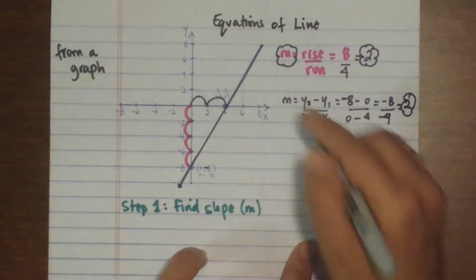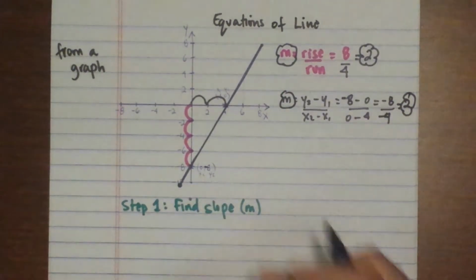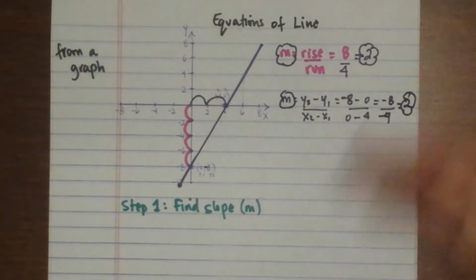So you see how your slope is still 2? That's because you can still do it from 2 points. However, rise over run is a lot faster.